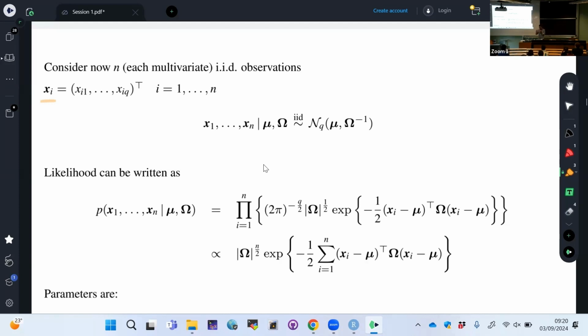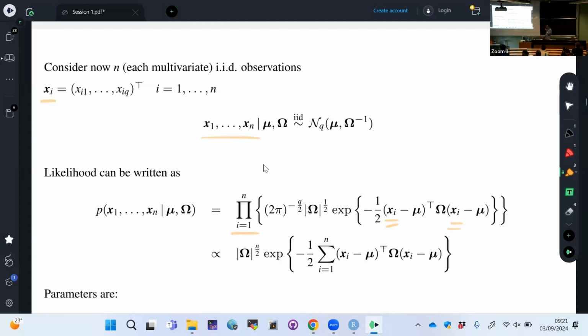And we will assume, as in a very standard setting, that our observations are IID from a multivariate normal model, N(mu, omega^-1). If this is the case, then we can write the likelihood function as a product, i from 1 to n, of the probability density function of multivariate normal distributions, one for each xi observation.